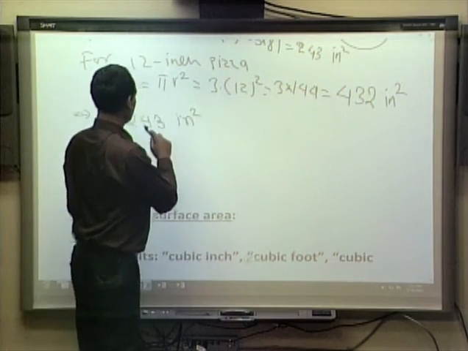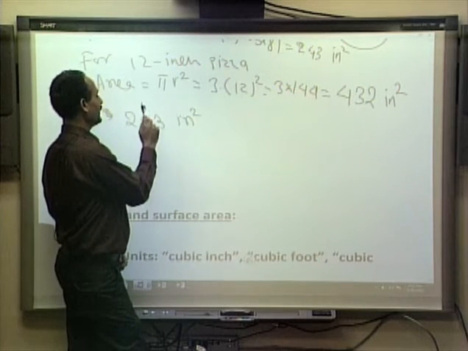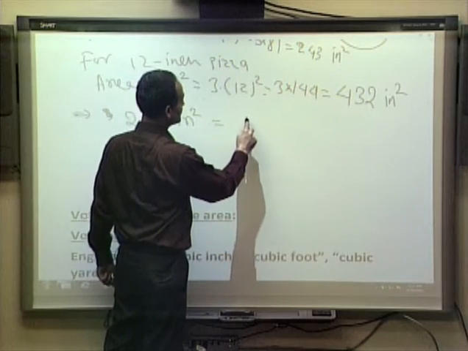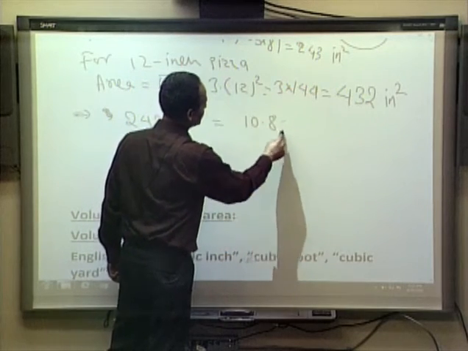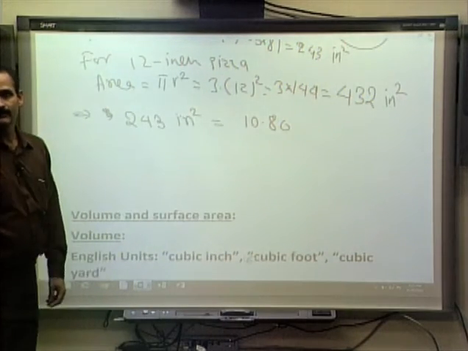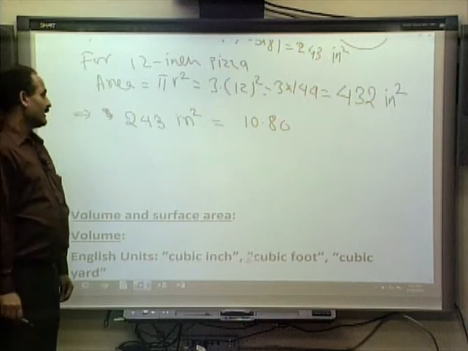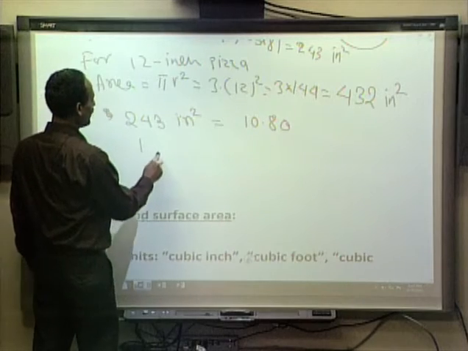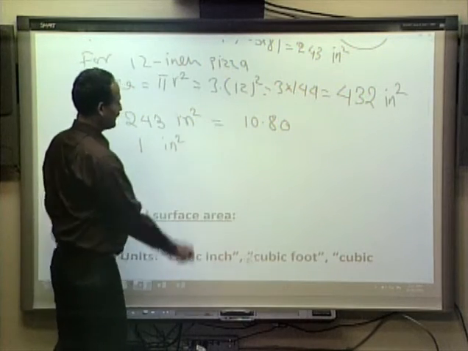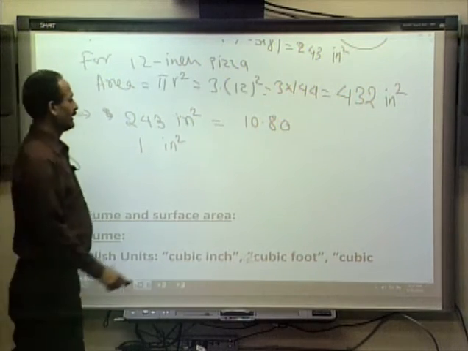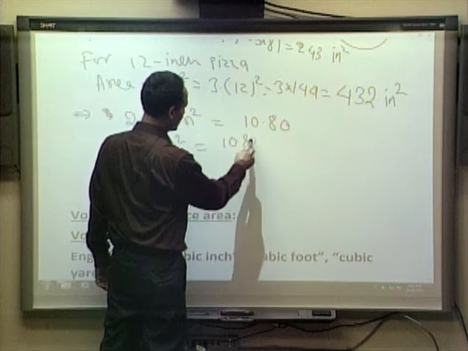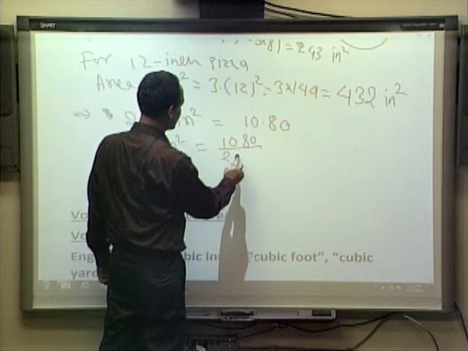According to the question, the cost of 243 square inch is $10.80. If I want to buy only 1 square inch, then I have to pay $10.80 divided by 243.